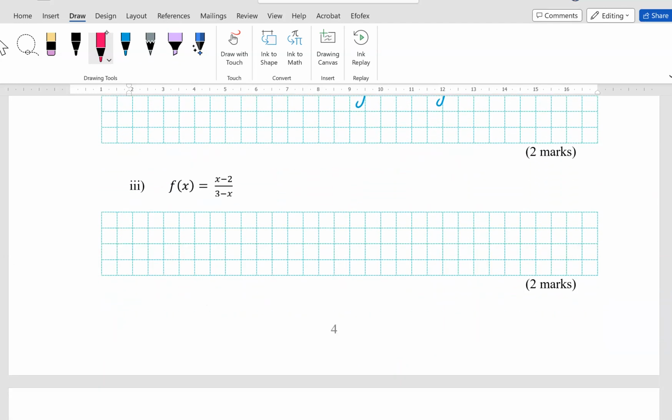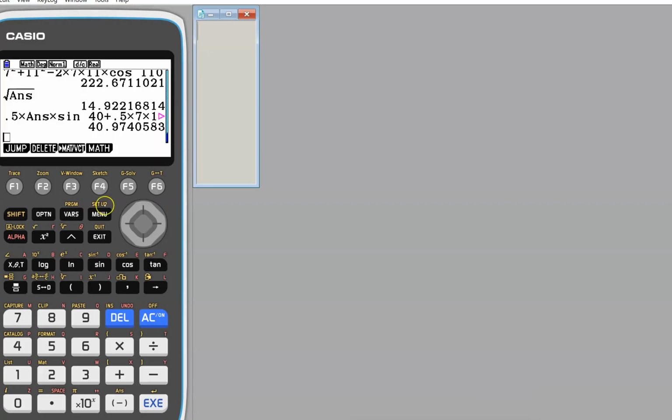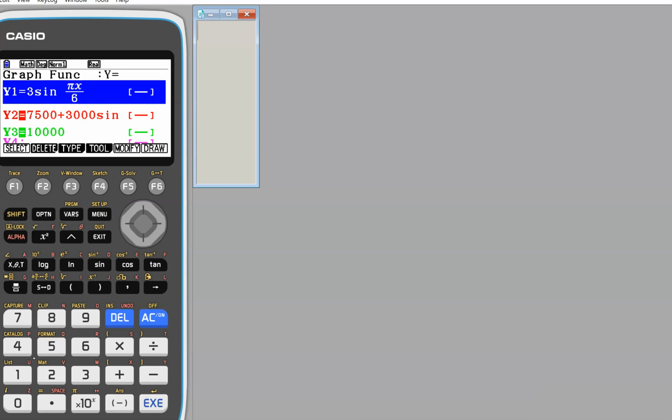Okay, what's this one? So when we look at this, you can draw that on your graphics calculator if you want to, but the first thing that we're looking at is this thing here, and we know that the denominator cannot equal 0, because if it equals 0, then you're dividing by 0, and that's no good. Okay, but let's go and have a look at our calculator first. So we're going to graph that. We're going to go menu 5.